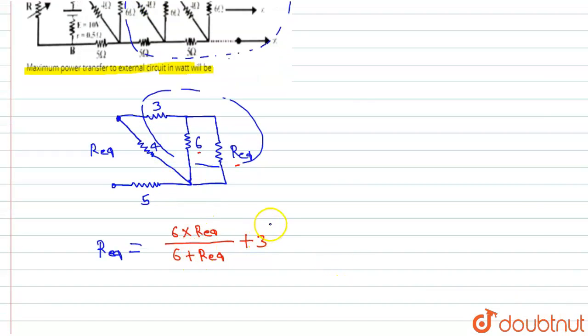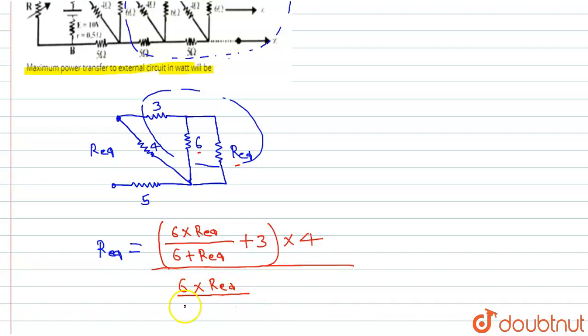Clear? So now we can write the R equivalent of this part, the total of this. This part and 4 are in parallel, so we can write it in this way: 6 into R equivalent divided by 6 plus R equivalent, plus 7.